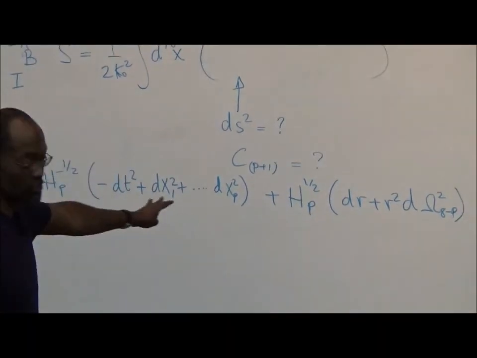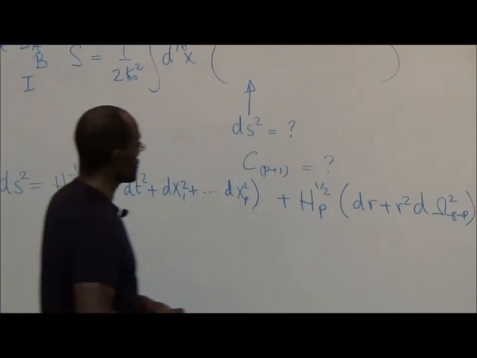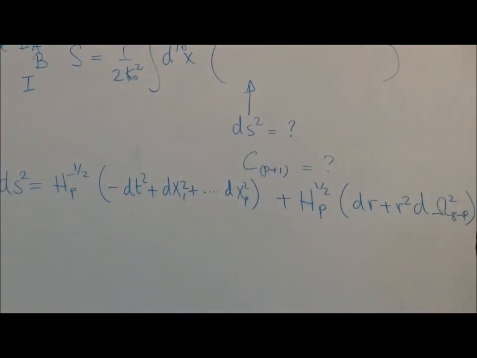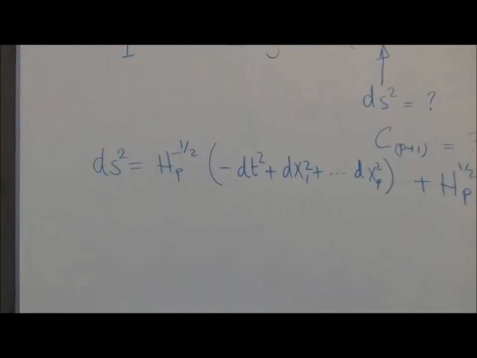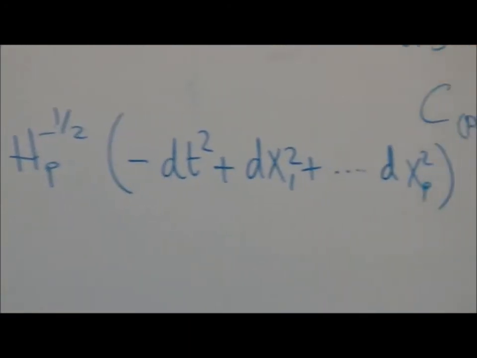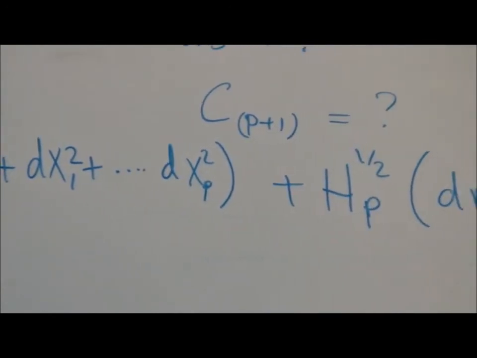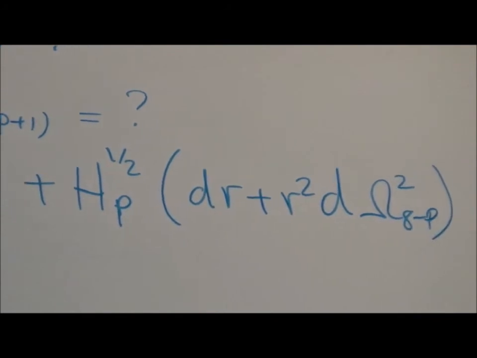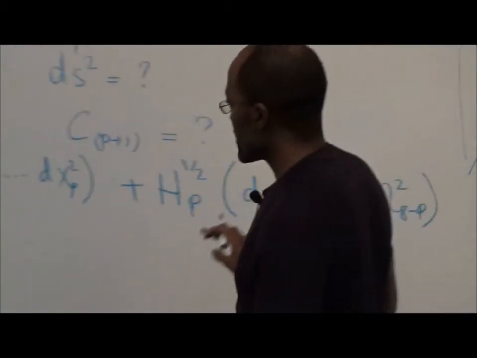Don't worry about what H is yet. Let's just try and make sure we understand why the coordinates are split that way. I have that p+1 dimensional world volume, which should be red, but I don't want to deal with taking the top off one of those pens again. So, it's red. Okay, so I have a bunch of coordinates.